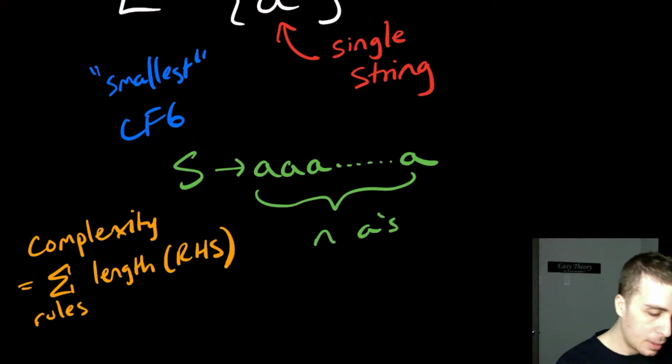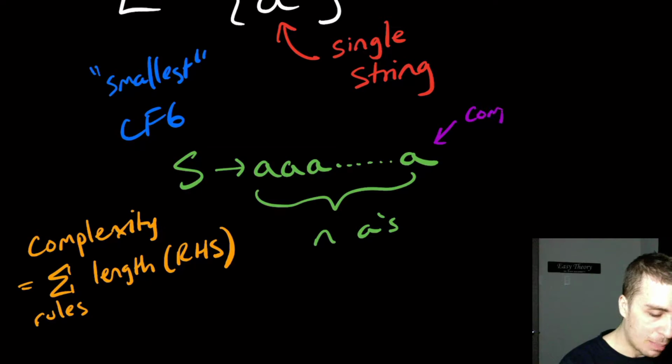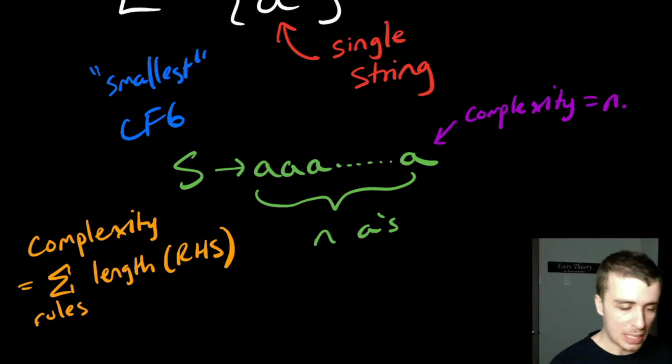In this case, we have n occurrences of the a right here. So the complexity of this grammar is equal to n, obviously, because the length of the right-hand side is n.